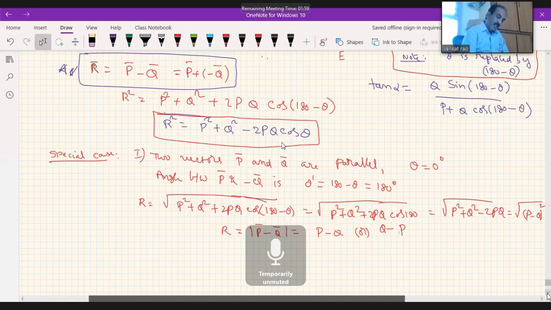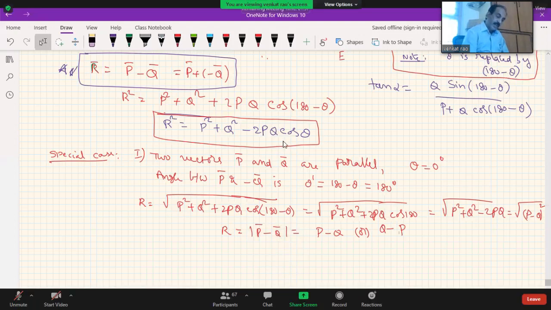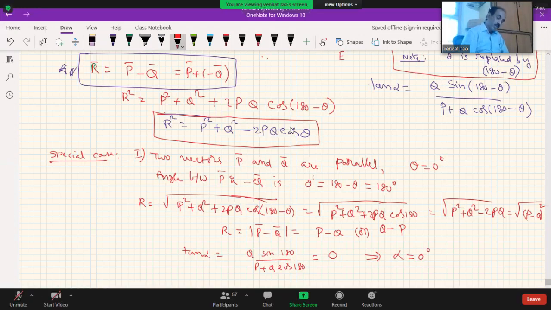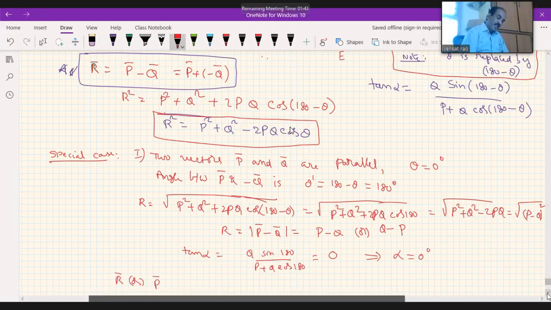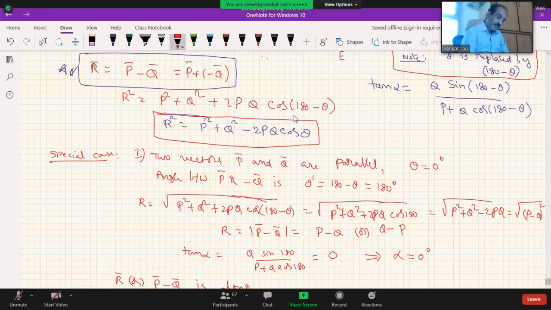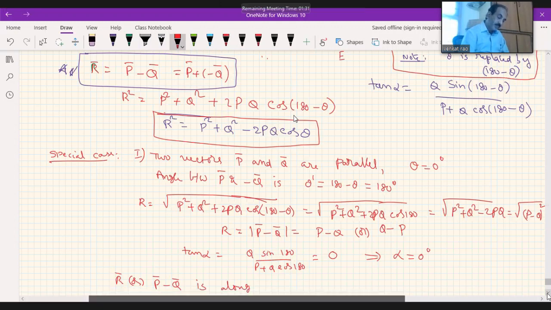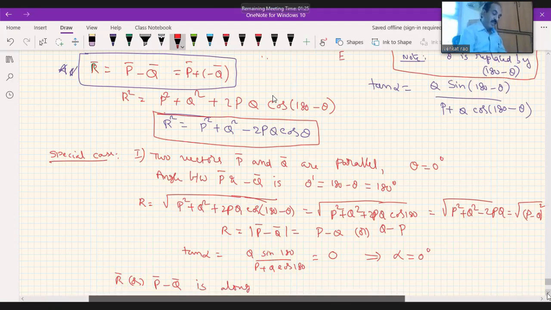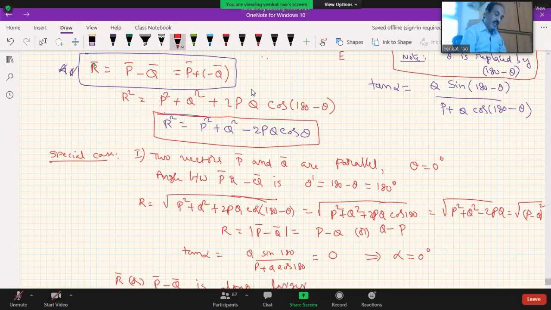Again, tan alpha equals Q sin 180 by P plus Q cos 180, that is also 0, which implies alpha is 0. So R bar or P bar minus Q bar is along the larger vector: if P is greater, along P bar; if Q is greater, along Q bar.